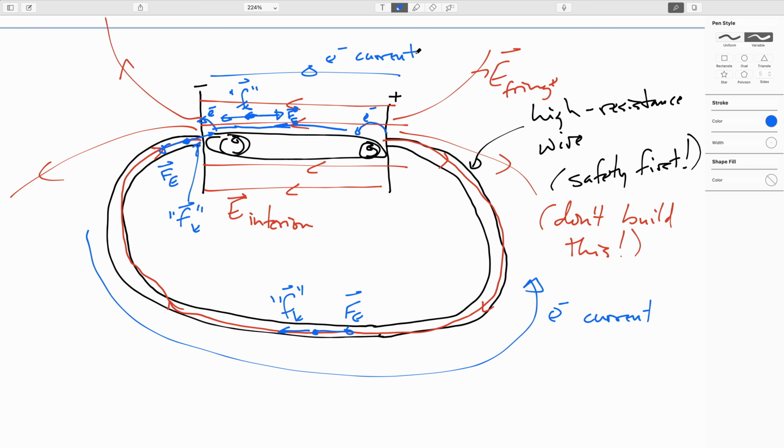So which way is the conventional current flowing? Pause and get back with me. Yeah, because the conventional current goes against the direction of negative charge flow. We will be saying that we have a conventional current that is flowing clockwise, both through the battery and through the wire.